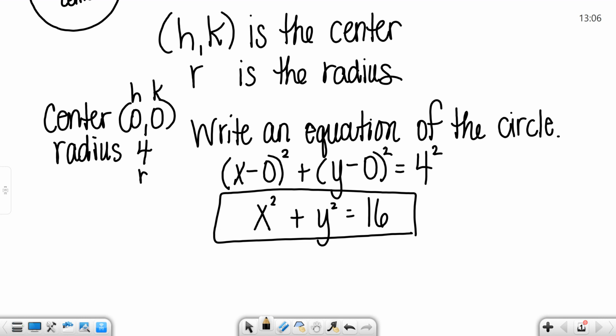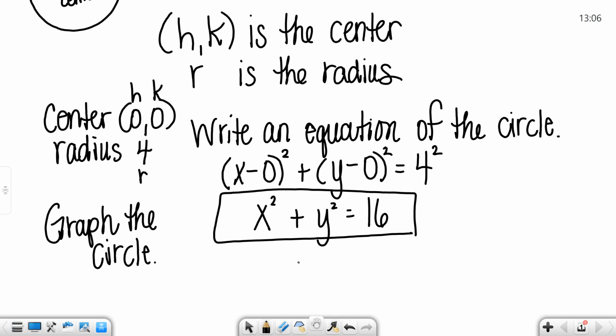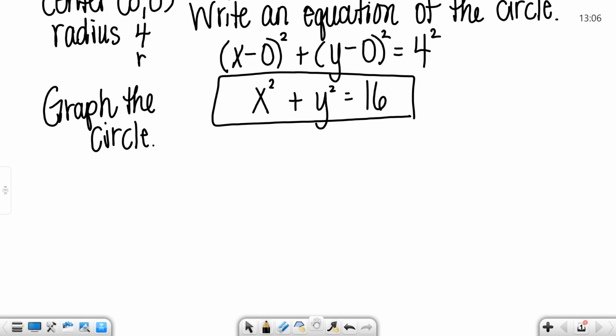Okay, so if I said, let's graph the circle. Now, if you have graph paper, that would definitely be the best thing. All right, our center is going to be the origin, and our radius is 4.